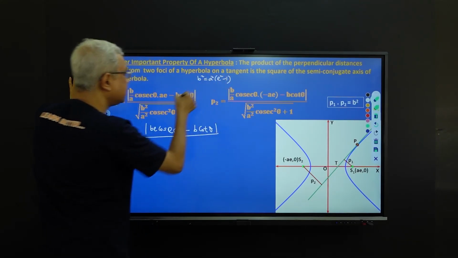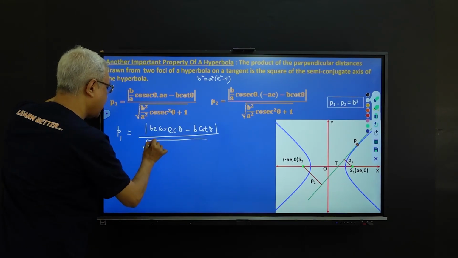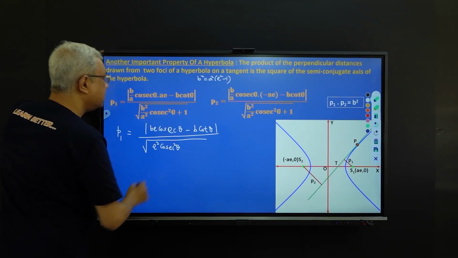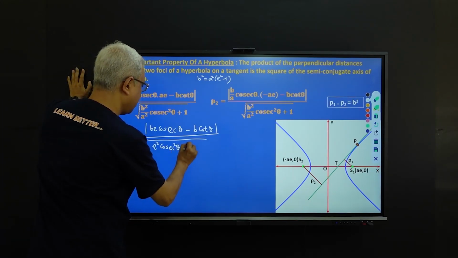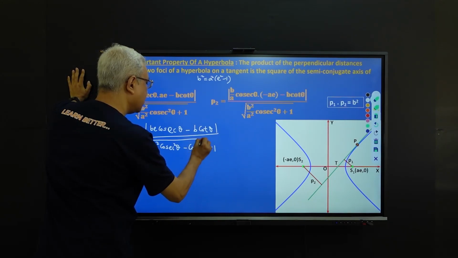So b square by a square is e square minus 1. So it is under square root e square cosec square theta minus cosec square theta plus 1.